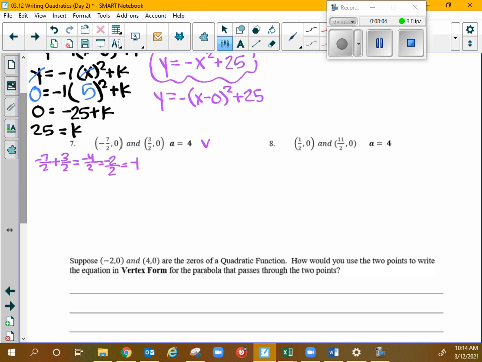So my vertex has an x value of negative 1. We don't know what the y value is. So let's start a function. y equals 4 times x plus 1 squared plus k.